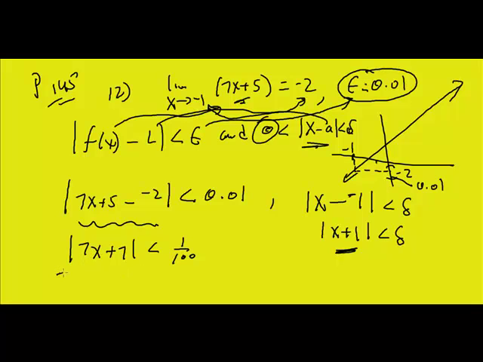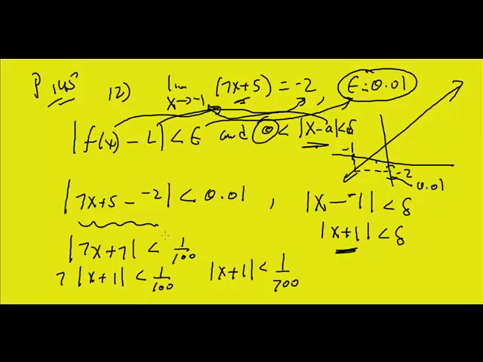Then I can factor out a 7, so that'll be the absolute value of x plus 1 less than 1 over 100. And when I divide by 7, I get the absolute value of x plus 1 is less than 1 over 700.